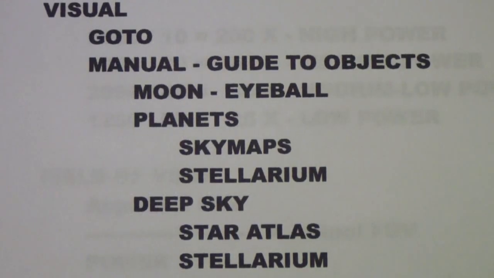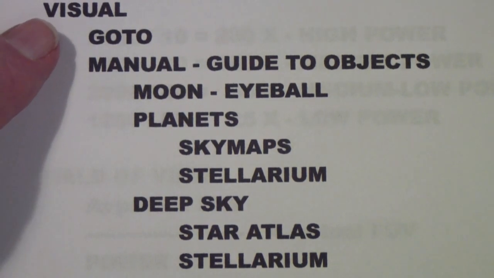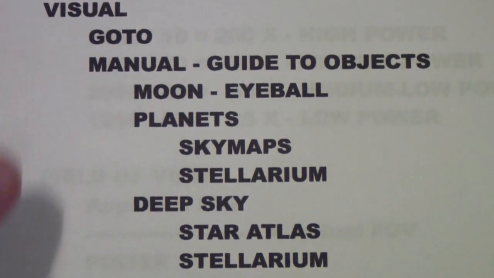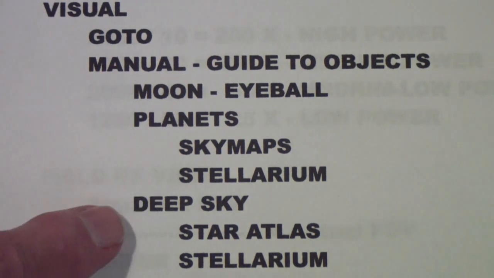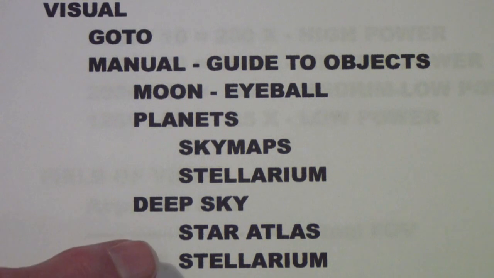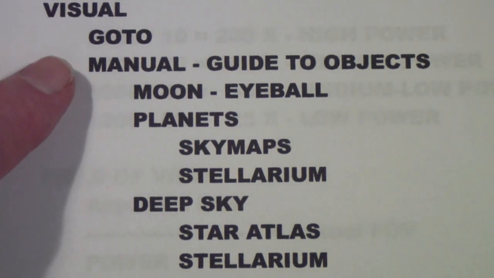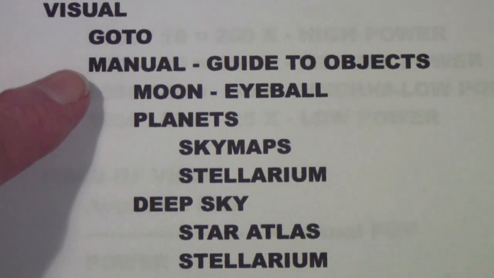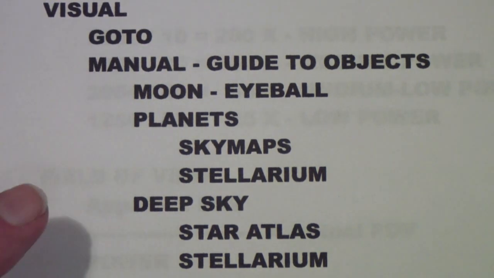So eventually, what you will discover, at least the conclusions I have drawn, is if you're primarily interested in visual astronomy, and you want to look at the moon, the planets, and the deep sky, your selection of eyepieces and of your basic telescope, including the type of mount and the type of guidance, will determine how well suited your setup is to that particular thing.